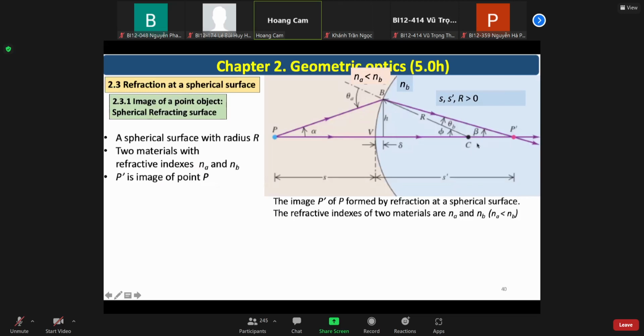And the center of curvature of this spherical refracting surface is on the same side as the outgoing ray, so the radius of curvature is positive too.